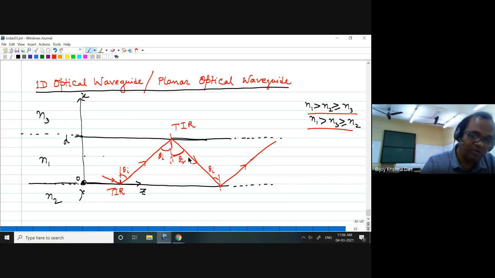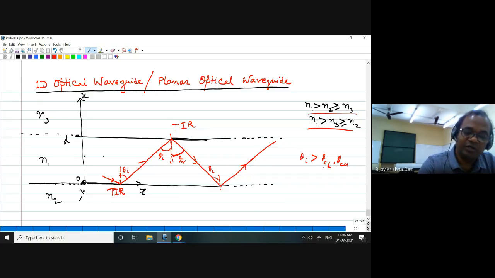Now I want to see whether all theta I greater than theta CL and theta CU satisfy total internal reflection.